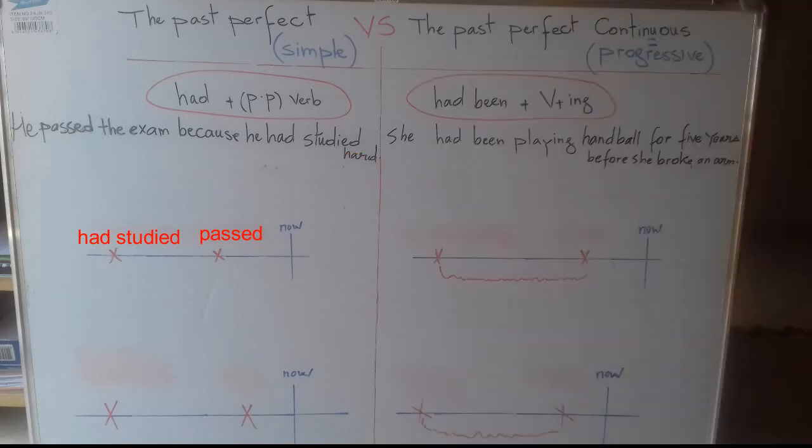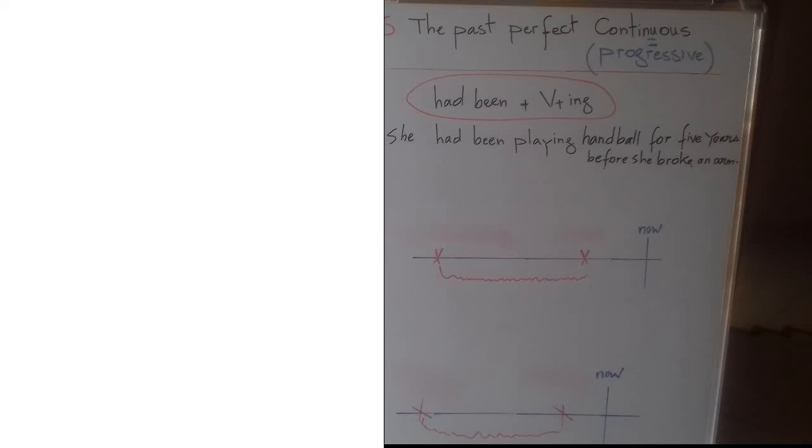The second example is for the past perfect continuous or progressive. The sentence is: she had been playing handball for 5 years before she broke an arm. Same thing here, two actions or two events.